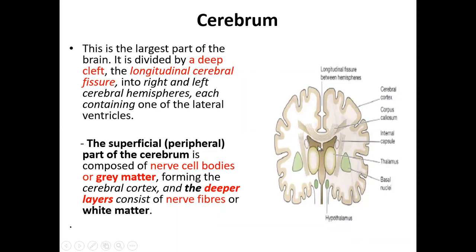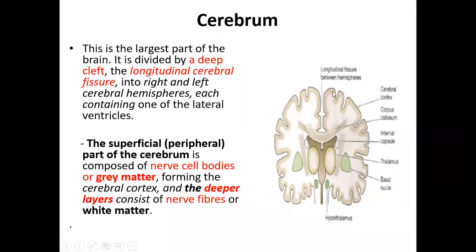Within each, there is a small cavity called the lateral ventricle. The superficial or peripheral part of the cerebrum is composed of nerve cell bodies, or gray matter.